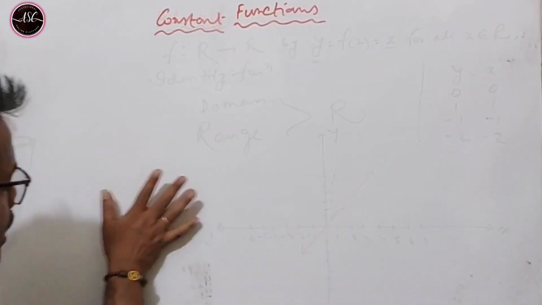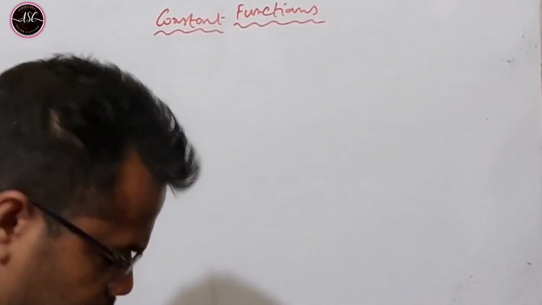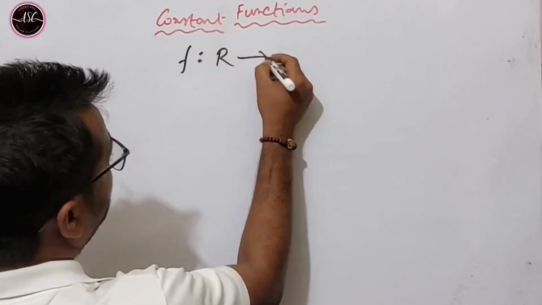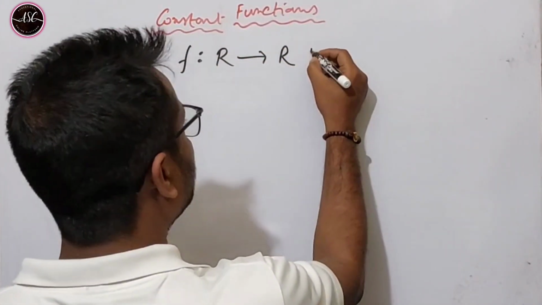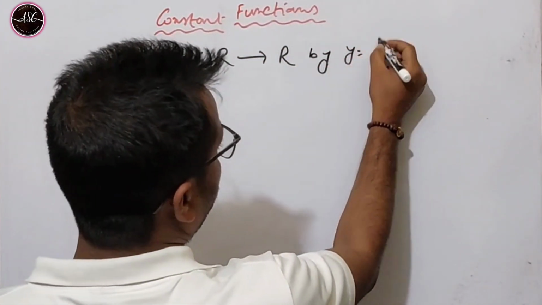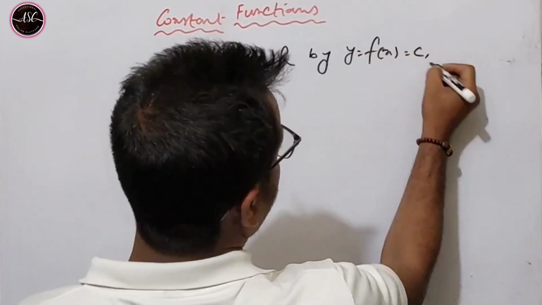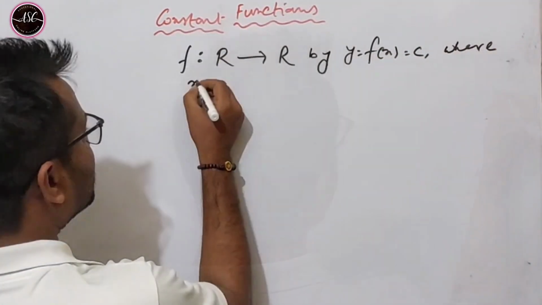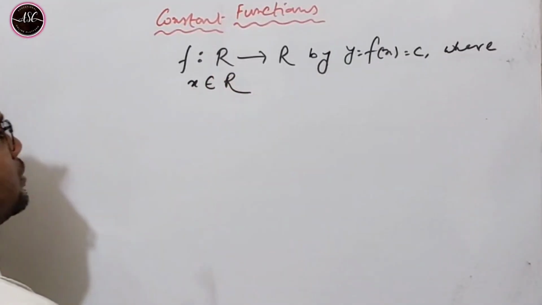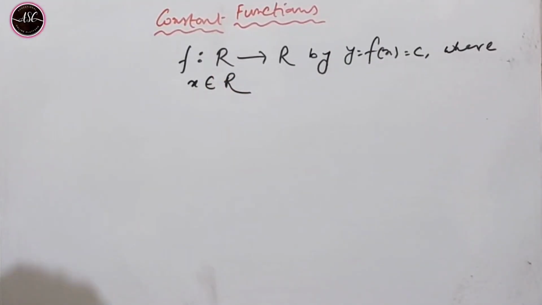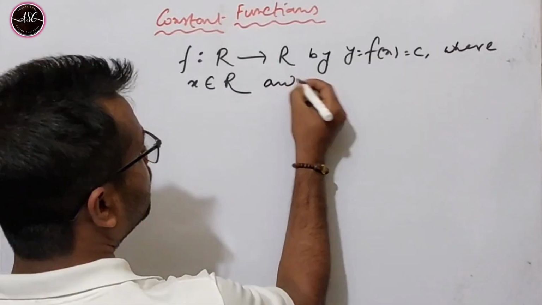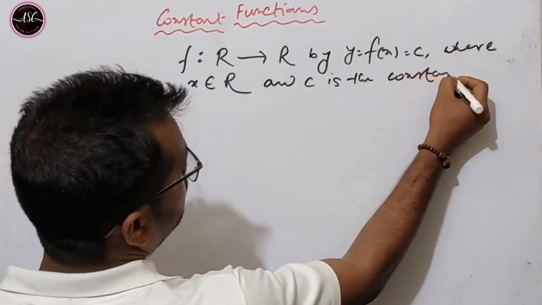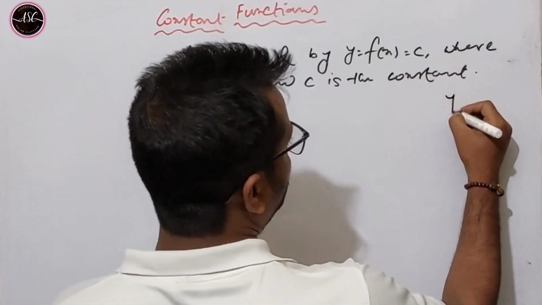Okay. Now, what is a constant function? If a function f from R to R, defined by y is equal to f(x) equal to c, where x belongs to R and c is a constant, then by this equation we get y equal to c.